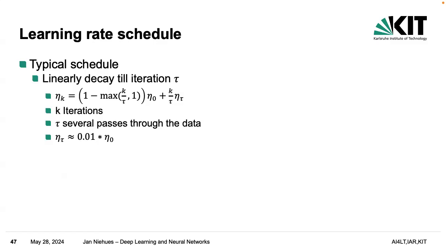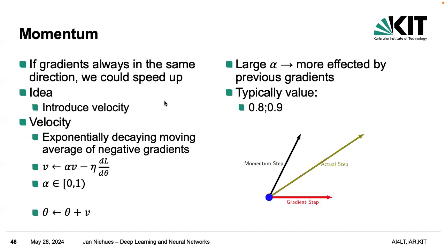So maybe there's more to do, and especially the idea often is, can we learn something from what we have done before? So if we're always going in the same direction, that means, oh, this seems to be good. Maybe we should go further in this direction. If we're always going in different directions, maybe it's not so good and we shouldn't go there.